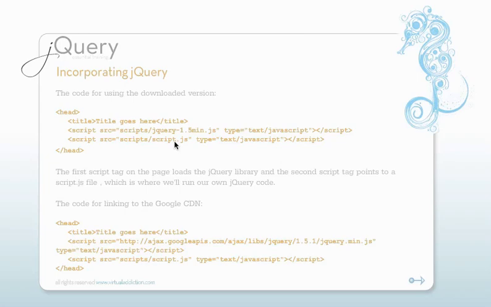But you can also include the jQuery library by taking advantage of Google's Content Delivery Network, or CDN. A CDN is a network of computers that's specifically designed to serve content to users in a fast and scalable manner. Google hosts several popular open source libraries on their CDN, including jQuery and the jQuery UI.